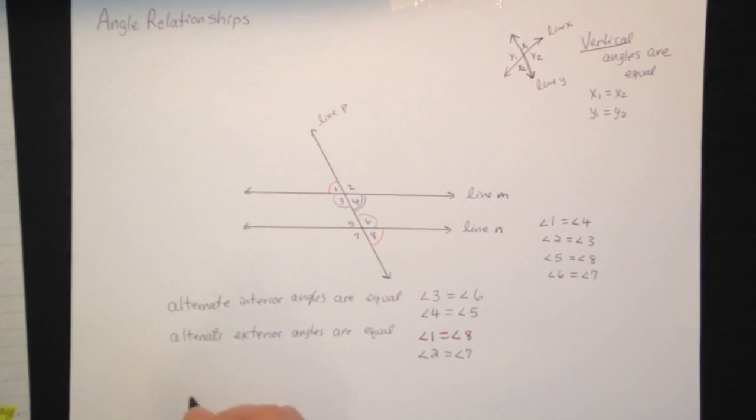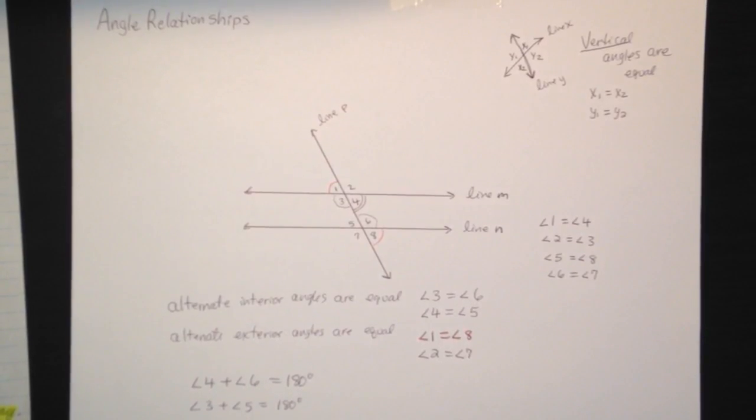They are not equal, but they are supplementary, which means that they add up to 180 degrees. So angle 4 plus angle 6 is equal to 180 degrees. We can also say that angle 3 plus angle 5 is equal to 180 degrees.